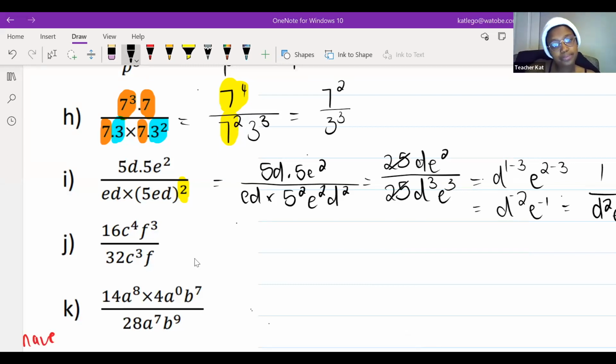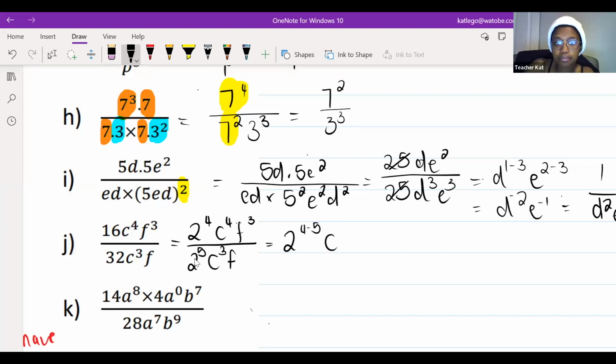So ma'am, I actually said 2 raised by 4 because I simplified 16. And then I said C raised by 4, F raised by 3, divided by 2 raised by 5, C raised by 3, and then F. Then I said 2 raised by 4 minus 5, C raised by 4 minus 3, then F raised by 3 minus 1.